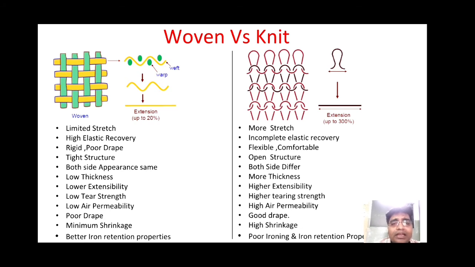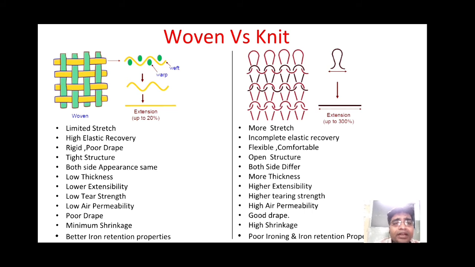Now the fourth point is that woven fabrics are very tight in nature, whereas knitted fabrics are very open in nature. If you look at the structural difference between the woven fabric and knitted fabric, you will find that woven fabrics are very tight, since two sets of yarns are required, warp and weft, and these are woven very tightly.